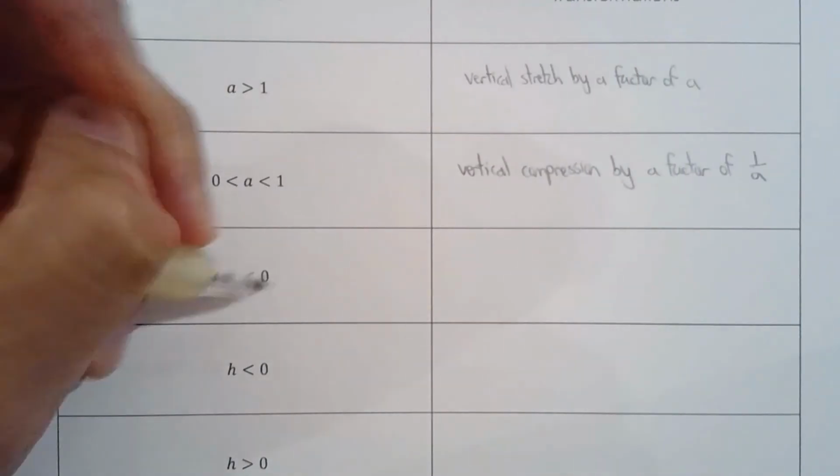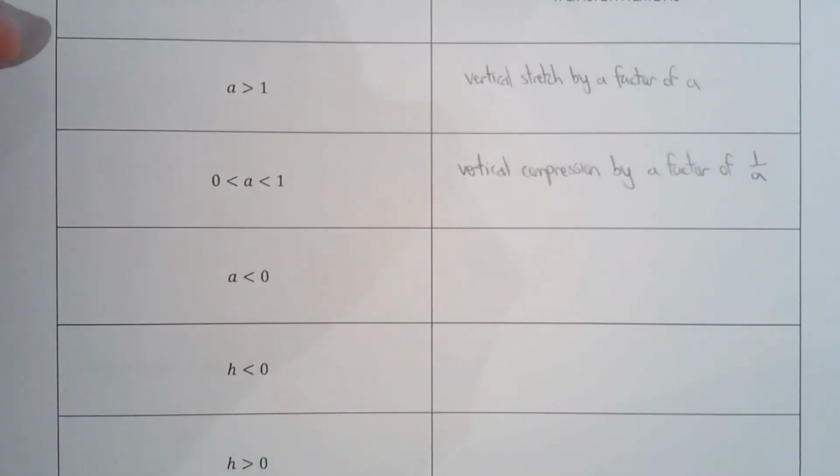When a is less than 0, what you see is a reflection across the x-axis. Reflection, I like to say with respect to the x-axis.